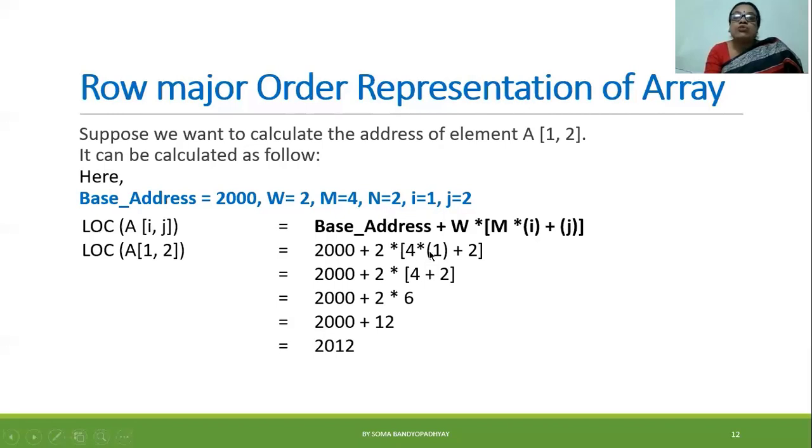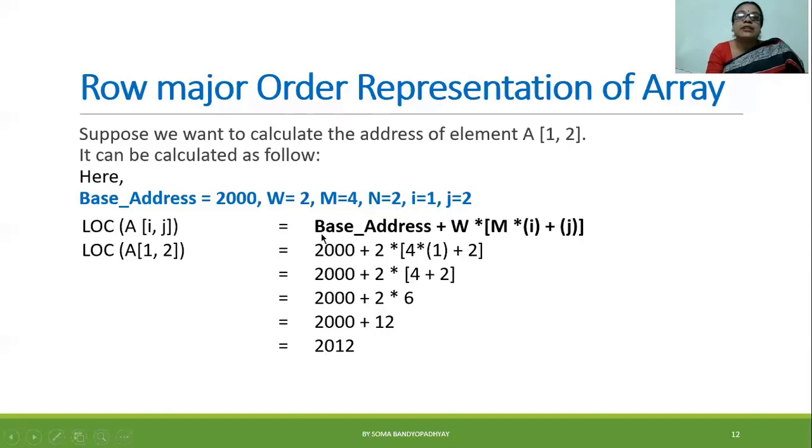Now 4 into 1, where 1 means the row index of the array, and 2 means the column index of the array. So in case of J, we placed here 2. In case of I, we placed here 1. So 4 into 1 equals 4, plus 2 equals 6. 6 into 2 means 12. So the location is 2000 plus 12, that is 2012.